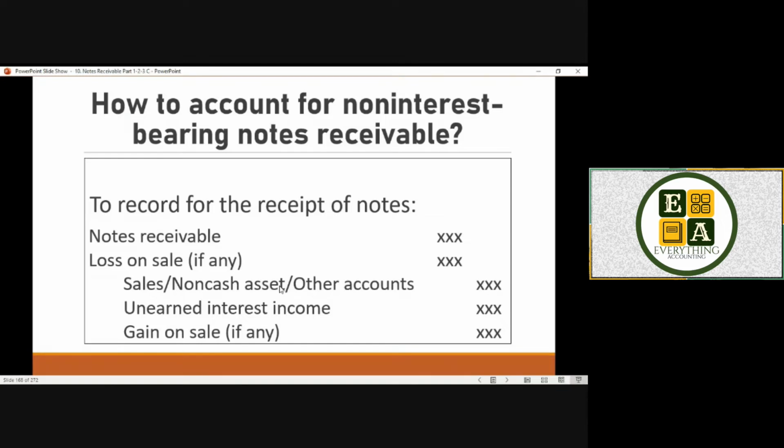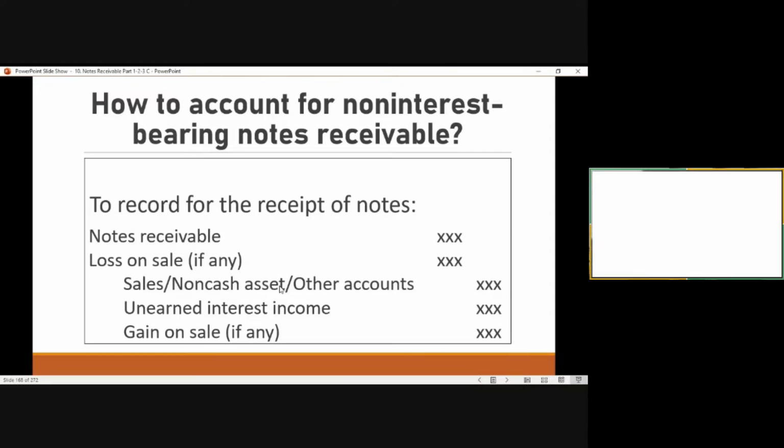If it is a sale of non-cash asset or other transactions other than transactions with customers. So if it is only a mere sale of goods or services, then no gain or loss will be recognized, but the ordinary or the usual revenue or income.